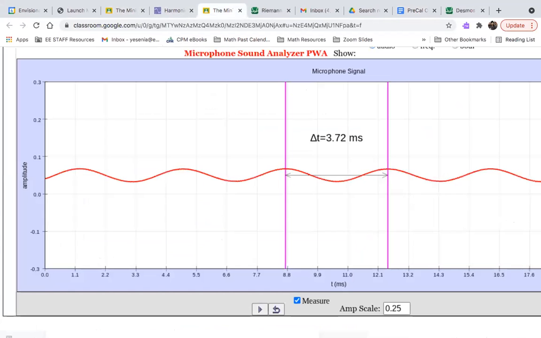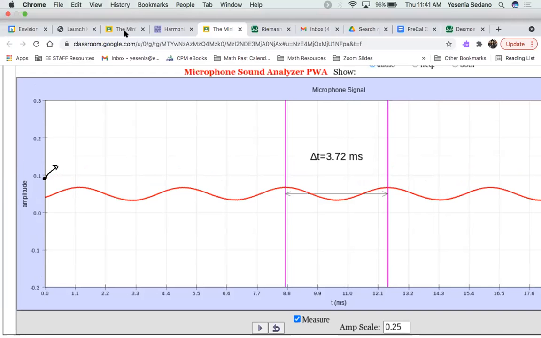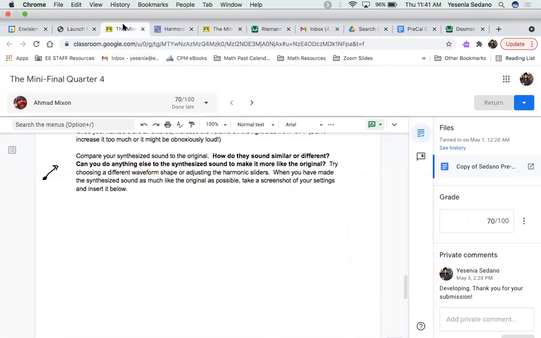Where does it start? Well, yours also, would you say it also starts at the same location and goes up? Did this starting point shift? I don't know. No, I think it does.